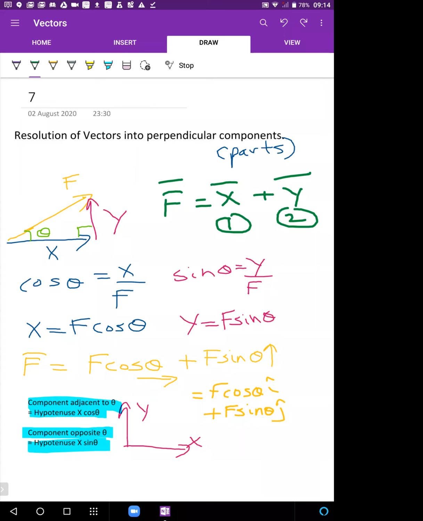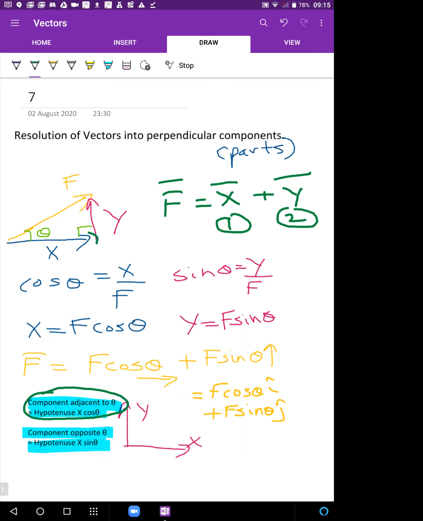All right. Now, I want you, this is just an example, I want you to remember one thing. Don't remember कि the x component always has a cos theta in it. वो हमेशा true नहीं होगा. Rather, I want you to remember this. The component adjacent to theta, adjacent मतलब theta के बगल में.